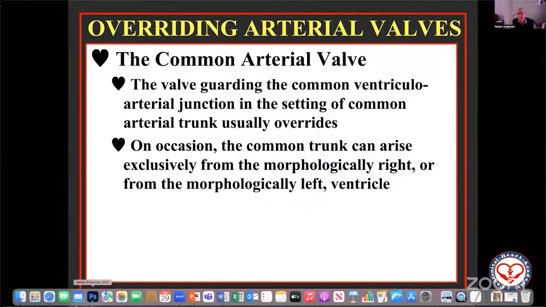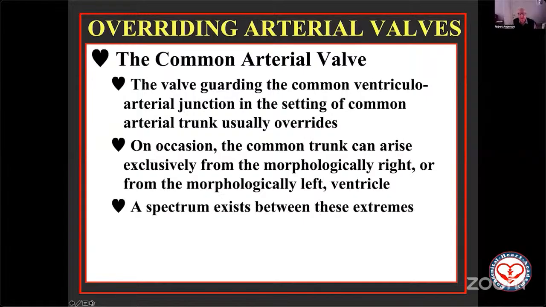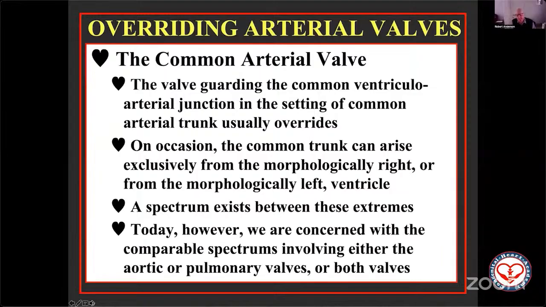That is akin to the situation we describe as double outlet right or double outlet left ventricle. So we have to recognize that there is a spectrum, depending on the extent of overriding, between exclusive origin as opposed to override itself.